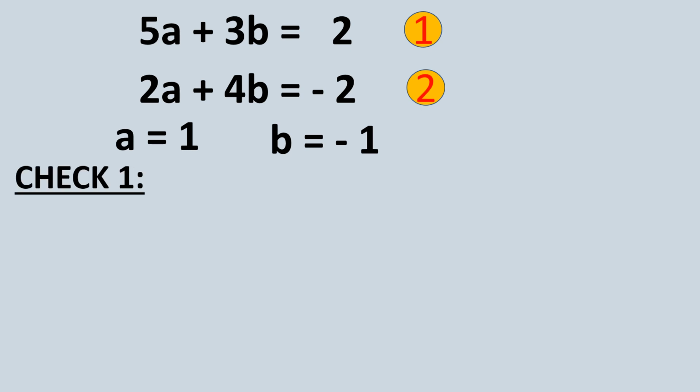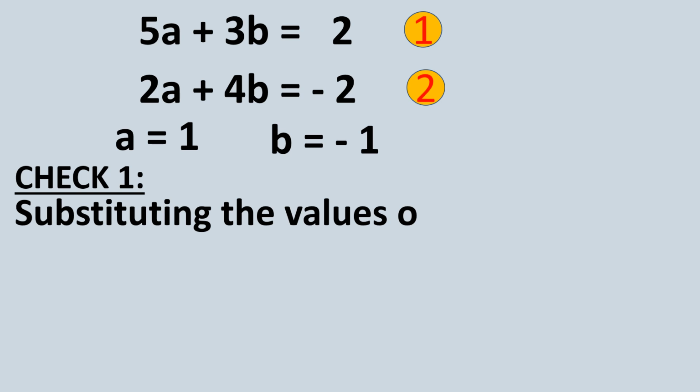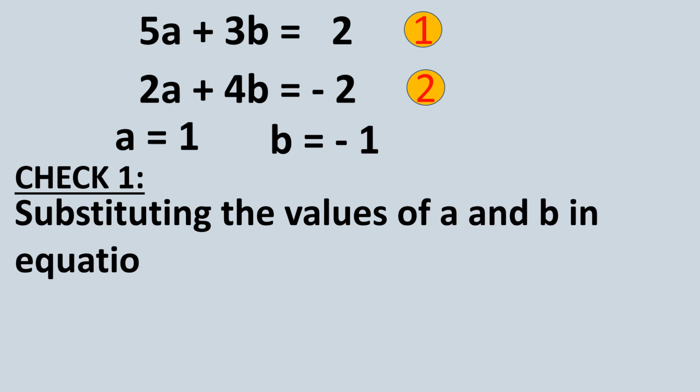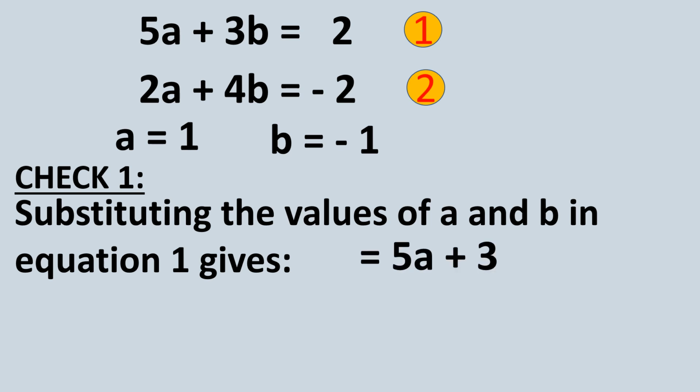We can do a quick check. We'll look at equation 1, where we have 5a plus 3b is equals to 2. And then we quickly substitute the values of a and b in those equations. Wherever we see a, we put 1, and wherever we see b, we put minus 1.